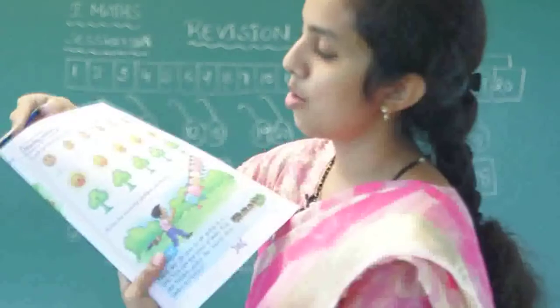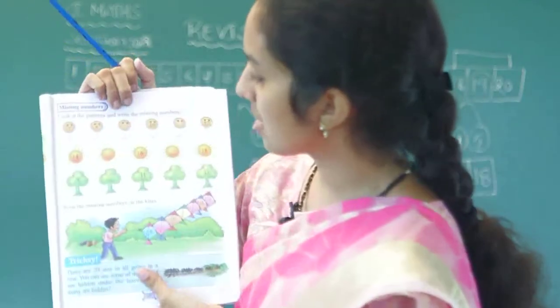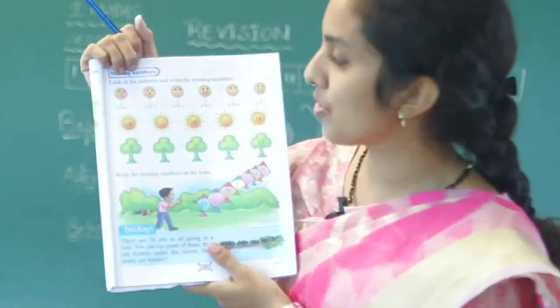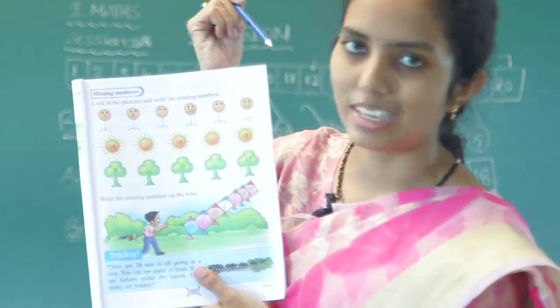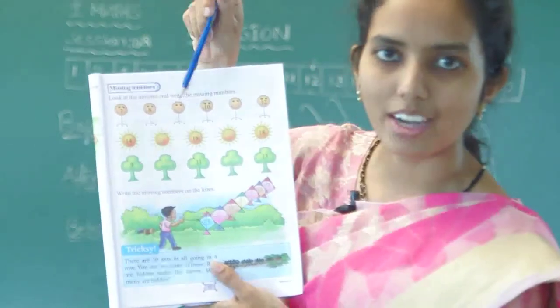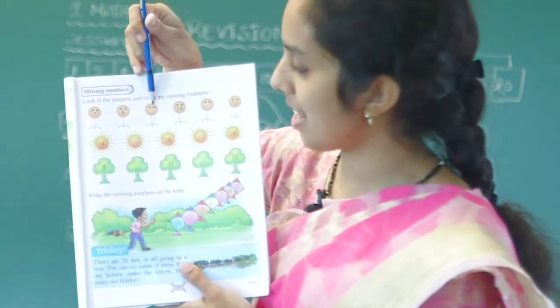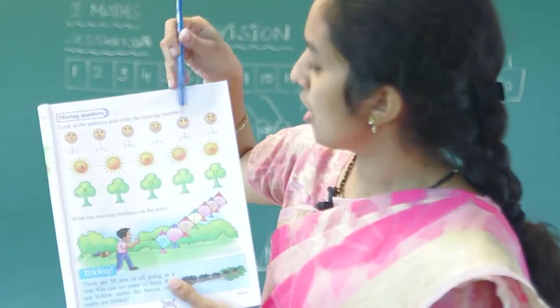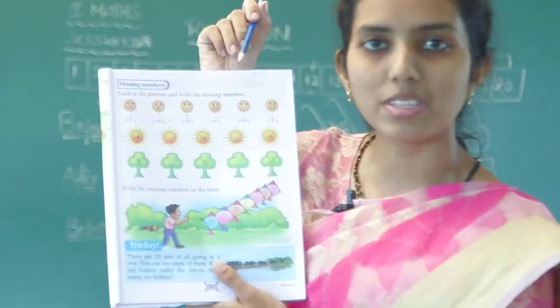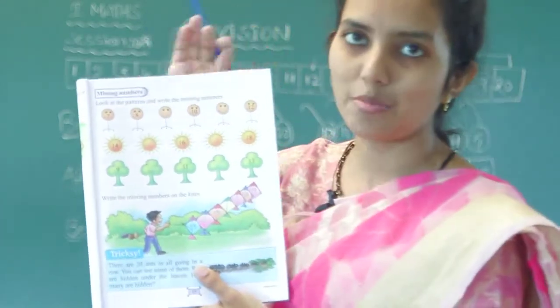Now there are beautiful trees, sun and smiley here. What do we have to do? We have to write the missing numbers. 7, 8, 10 is given. What is missing here? 9 is missing. So write 9 here. And after 10, 12 is given. One smiley is missing. Which smiley is missing? 11 smiley is missing.